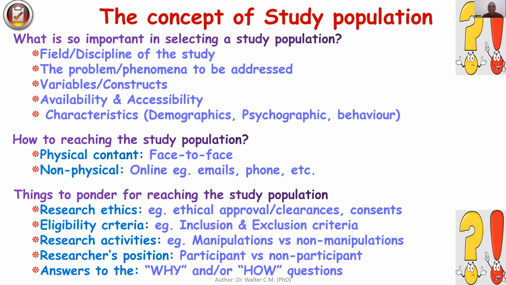That is at least a basic knowledge. It's not a whole description of what is study population, but I've tried to fish some information that I thought is very meaningful, and it will help you to understand what is a study population.